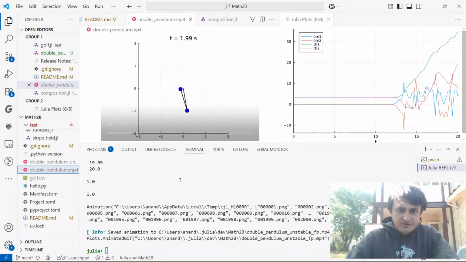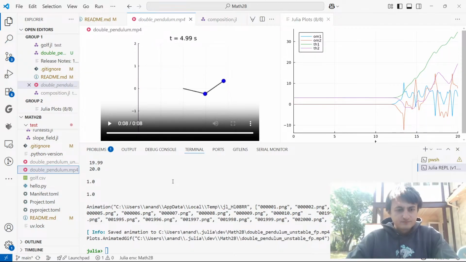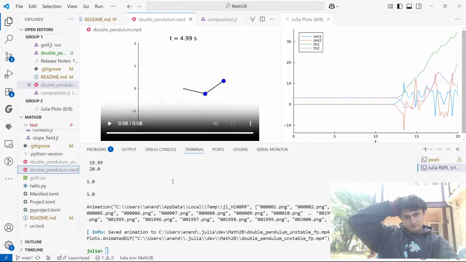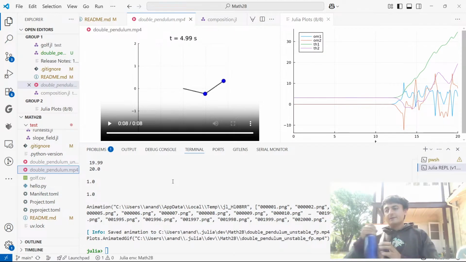Because there it misses the ball. I don't know.